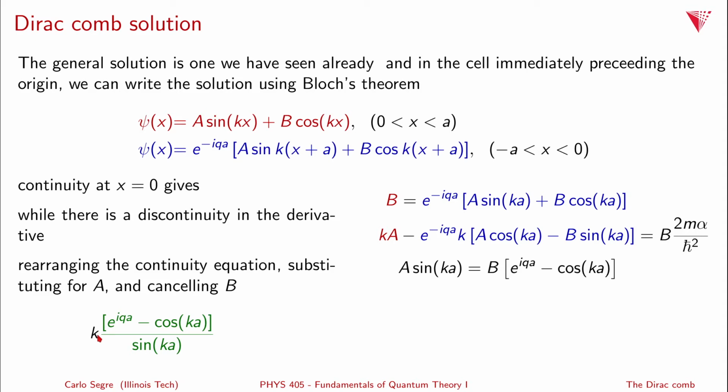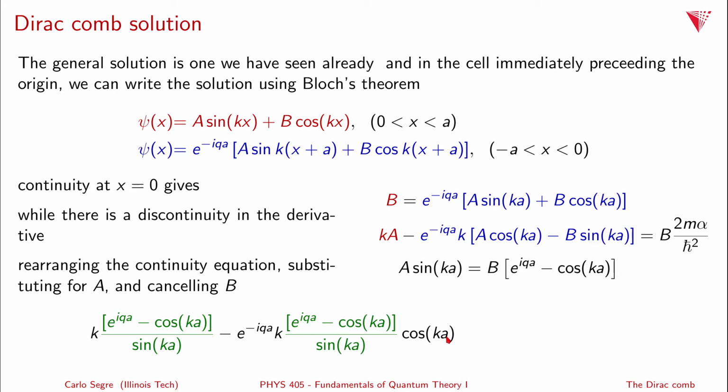We get k times the quantity e to the iqa minus cosine of ka over sine of ka. That's from this term. Then we have minus e to the minus iqa times k times the quantity e to the iqa minus cosine of ka over sine of ka. That's just this term here.